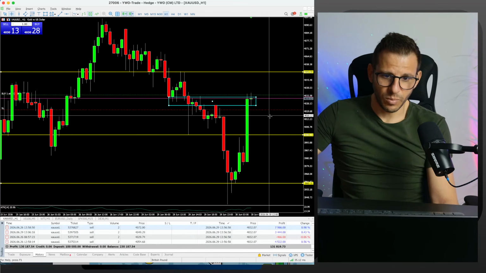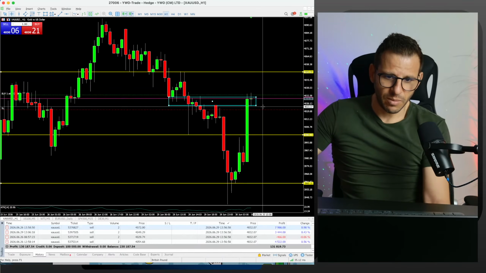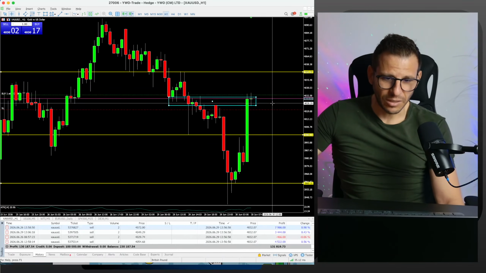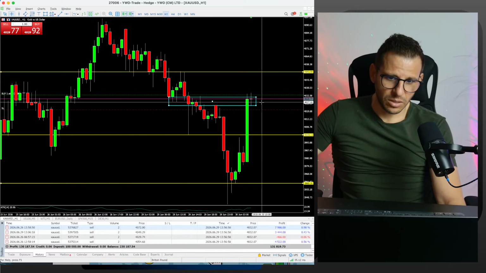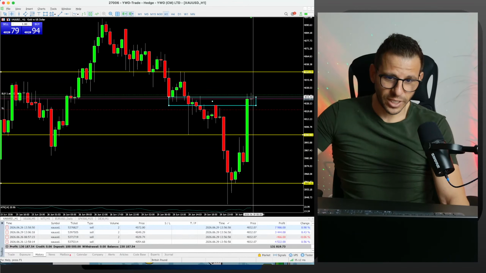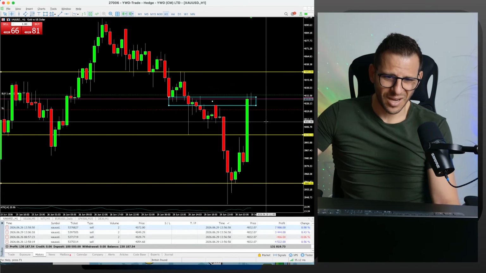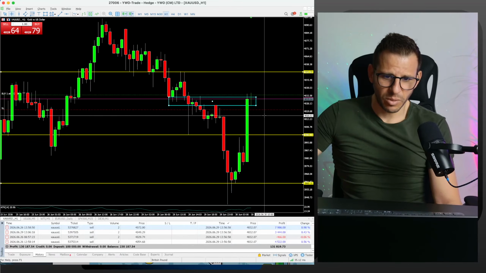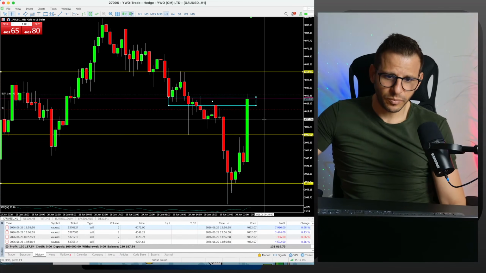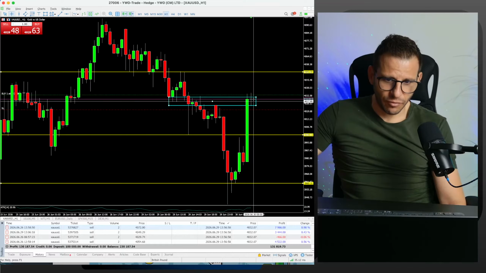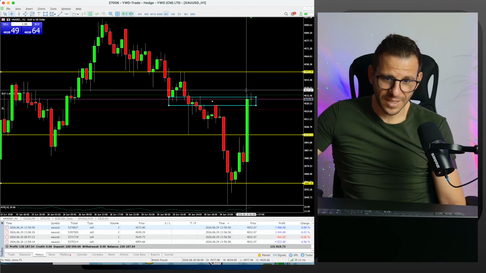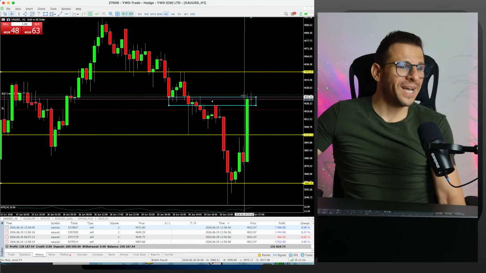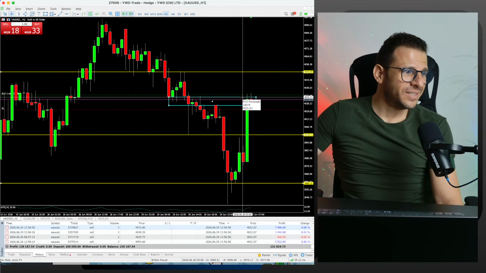Yeah, either a push to the upside or, okay, maybe it can stay as a dodgy candlestick. If we get a dodgy candlestick here, then it's likely to go for a bearish retracement.